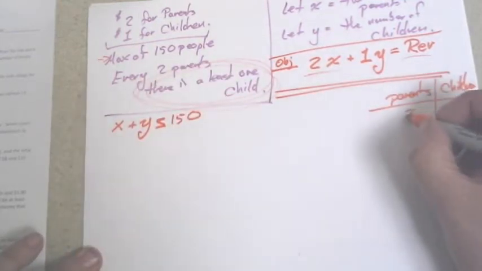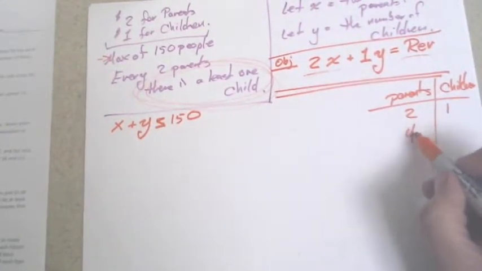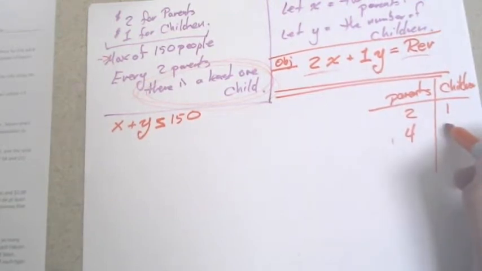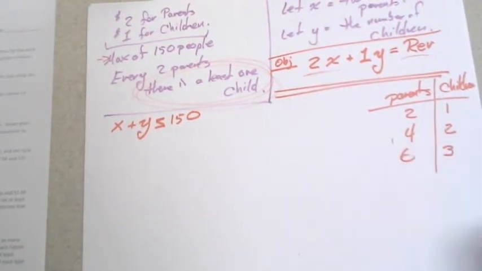Certainly, if we had 2 parents, we'd have to have 1 child, right? If we had 4 parents, every 2 of them has to bring a child. So at 4 parents, we'd have to have at least 2 children. At 6 parents, we'd have to have at least 3 children.